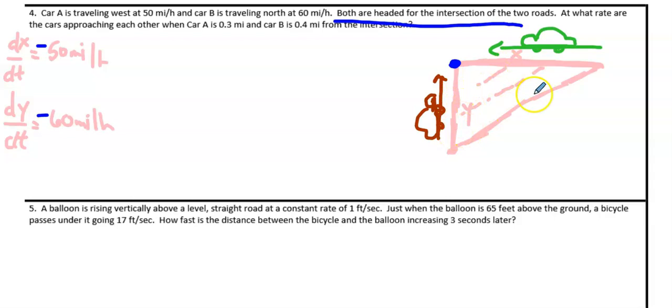We're going to call this z, so we want to know the change in z. We're using the example that z is the distance between the two cars at any value of time, and they're approaching this intersection, which we're going to assume is perpendicular.